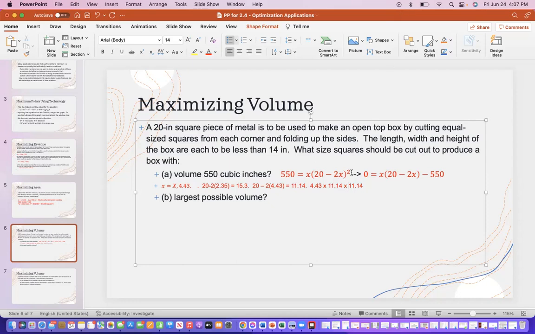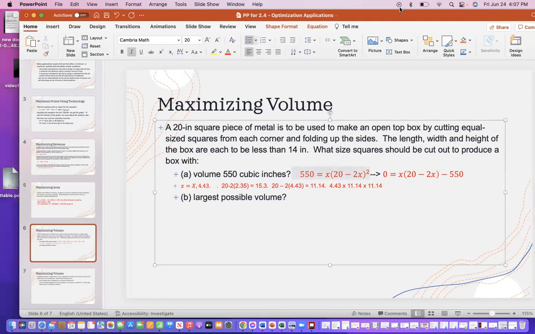Well, here we want to take our original equation and just put a V back into it. If you remember our volume formula, we put 550 in that because that's what they wanted here. But if we want the largest possible, we just want to look at that particular function. And we want to find the maximum, right? The maximum point here, which would be the top, is what we're going for.